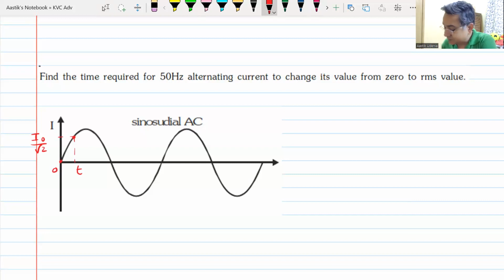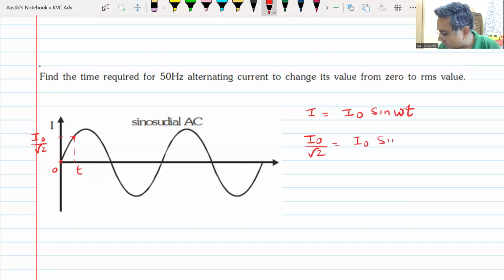How will you find out? You can simply use I equal to I naught sine omega t. At time t equal to 0, the current is 0, so you have to find out at time t. At the given time, it is I naught by root 2. So this should be equal to I naught sine omega t.